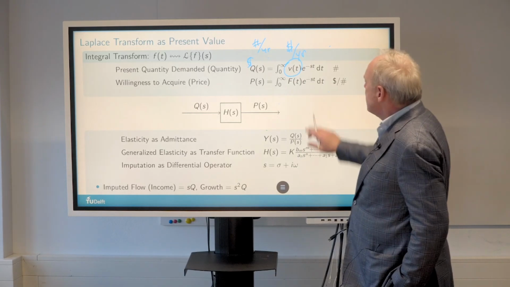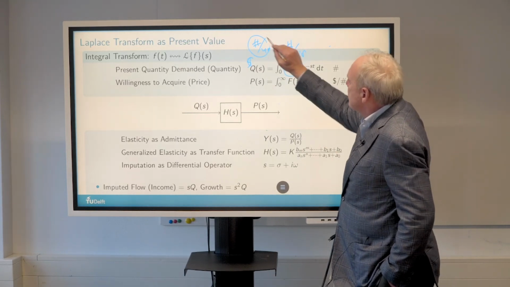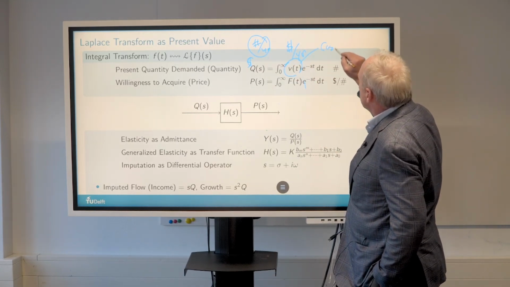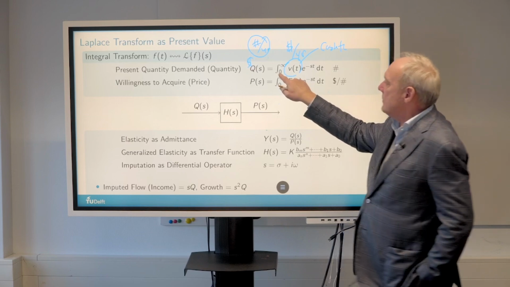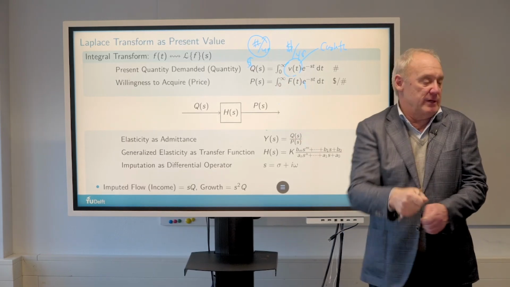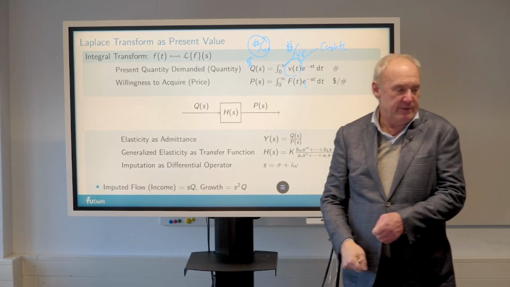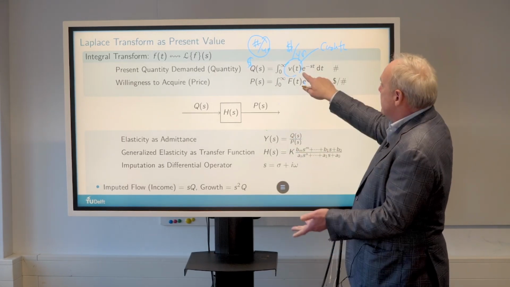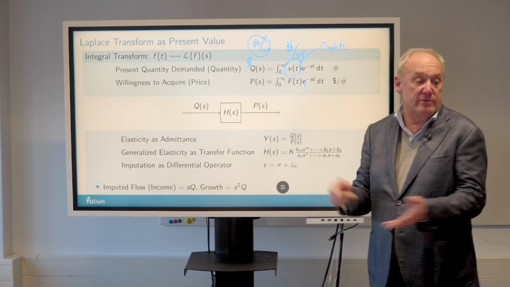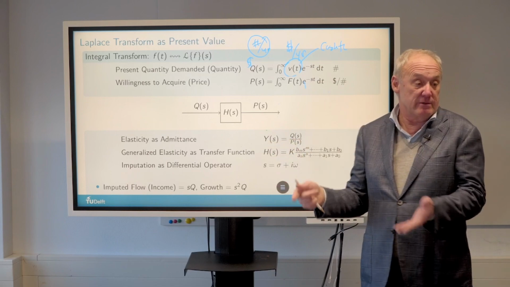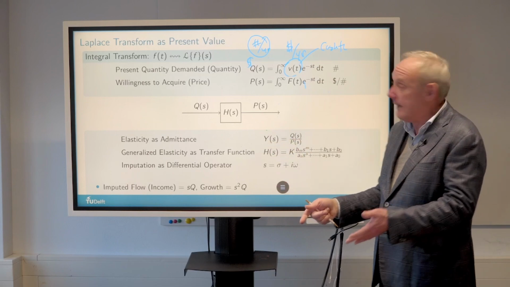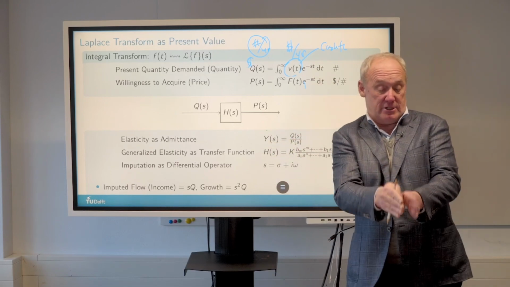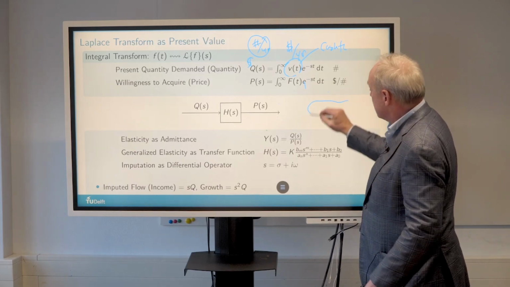This is a formula. Suppose this is a cash flow. You take a cash flow, and at time 0, you get a payment, say $1. Then you multiply that by some factor. In this case, the factor is 1, because e to the minus s times 0 is 1. And a little dt says, here's my cash flow.